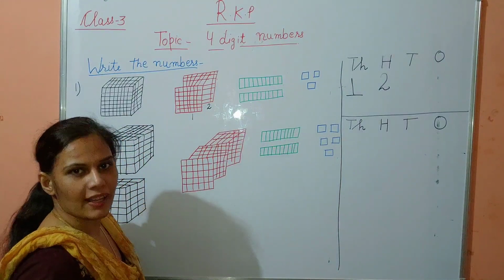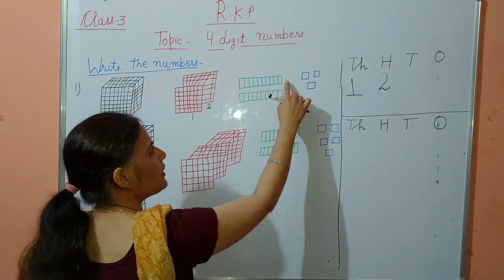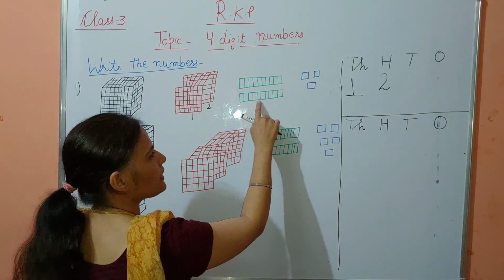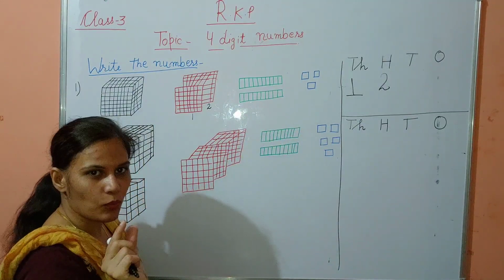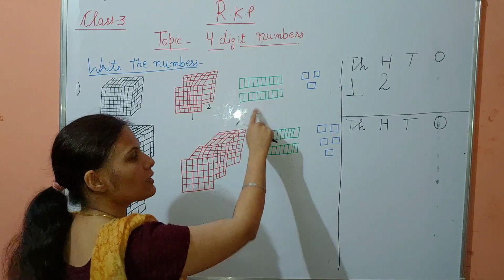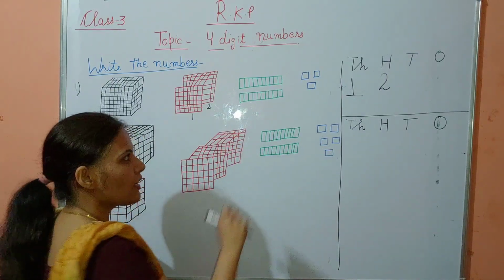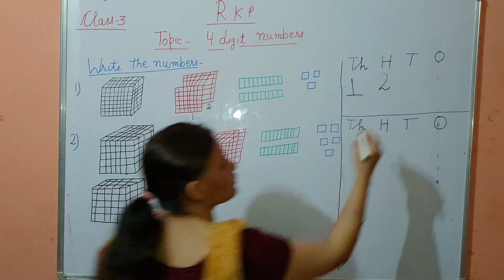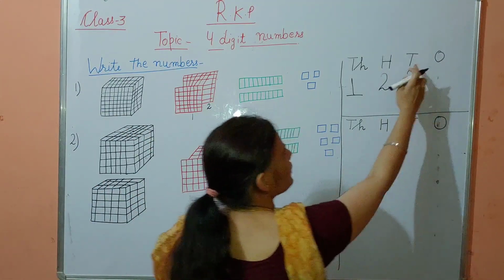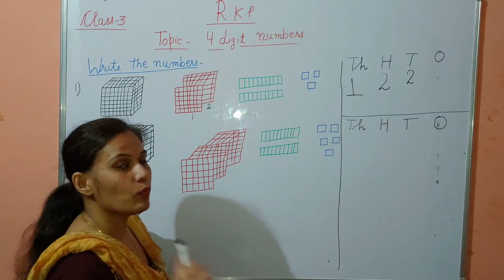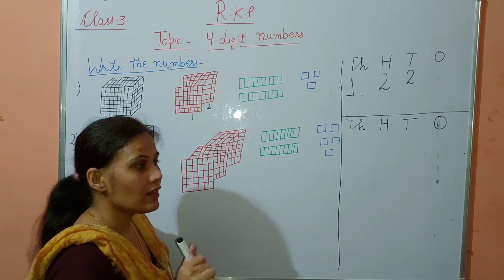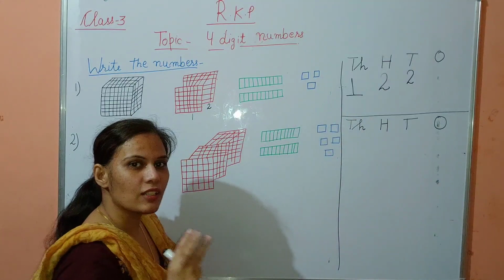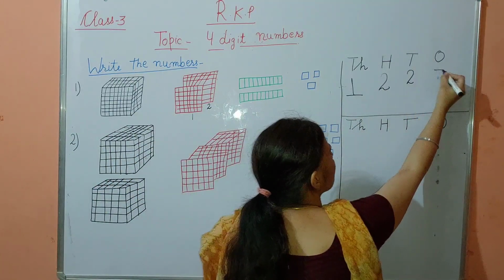How many sleeping lines are there? 1, 2. But students, count it: it has 10 small boxes. So what does it represent? Tens place. And how many tens are there? 2. So here 2 will come. And how many ones? 1, 2, 3. So 3 will come on ones.